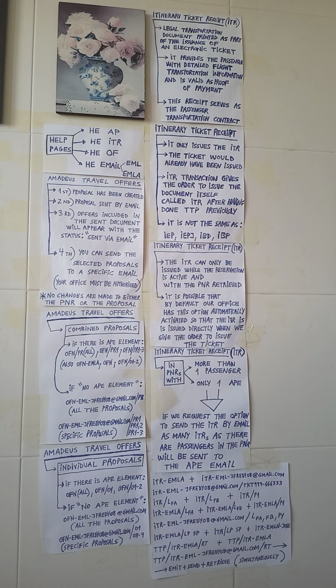We can also use OFN/PR1 transaction to send offer number 1 from the available list, and OFN/PR1-3 transaction to send offers 1, 2, and 3 from the list of available offers.